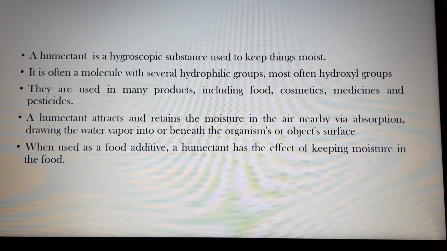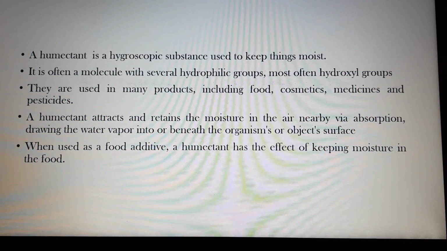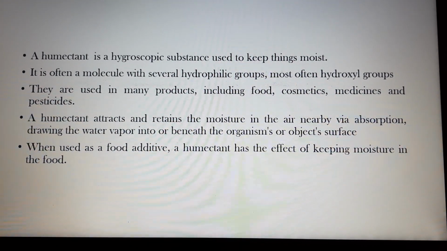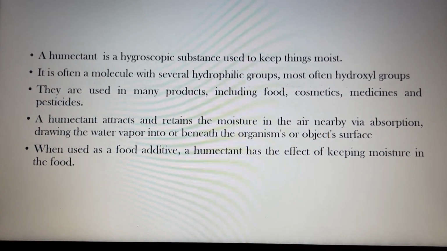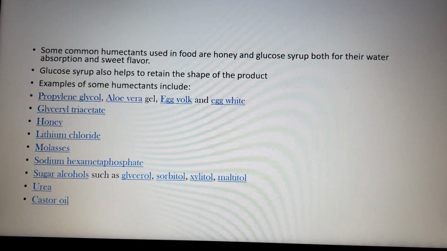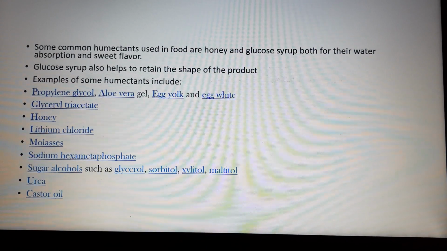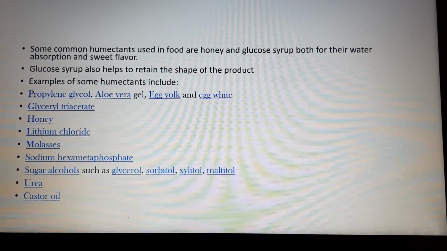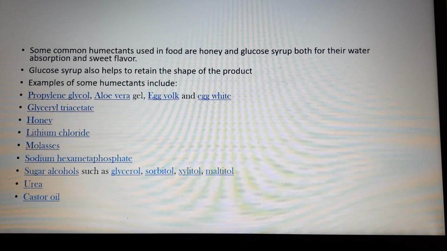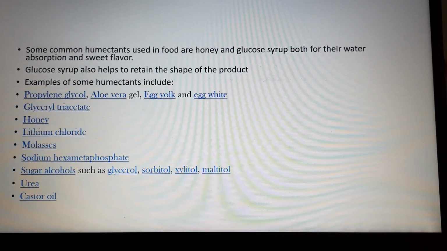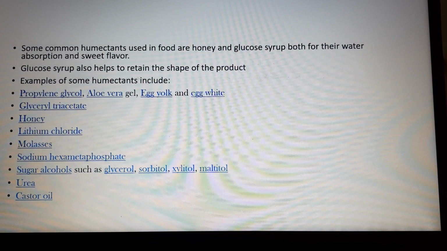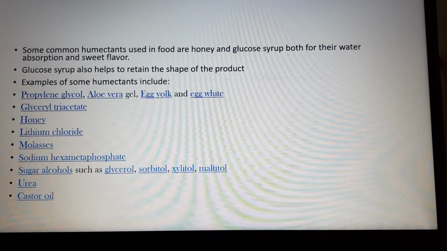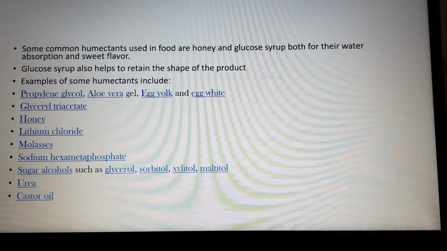When used as a food additive, a humectant has the effect of keeping moisture in the food. Some common humectants used in food are honey and glucose syrup, both for their water absorption and sweet flavor. Glucose syrup also helps to retain the shape of the product.